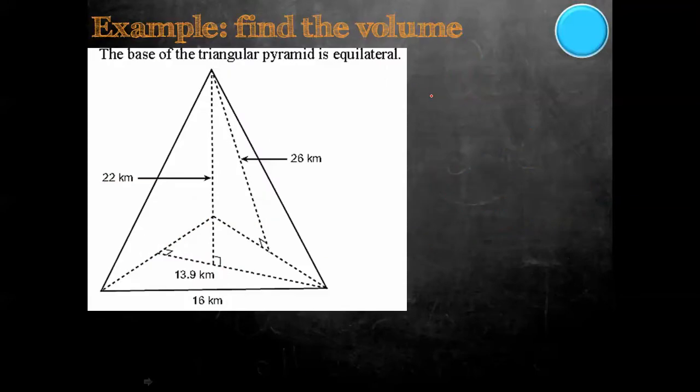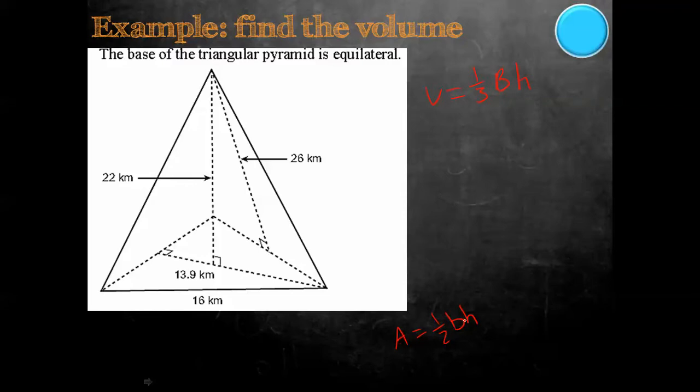Here we have a triangular prism. Remember, we name prisms according to their base. Remember, the big B is the area of the base. Since our base is a triangle, we're going to use area equals 1/2 base times height.